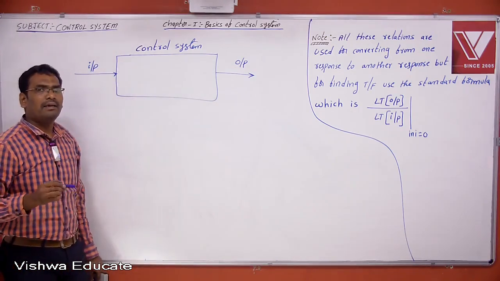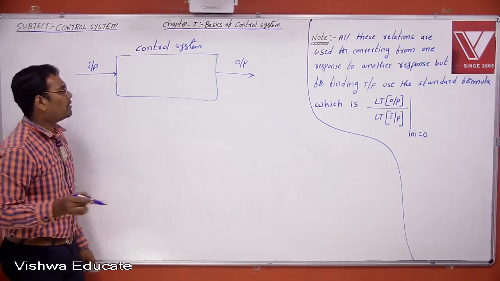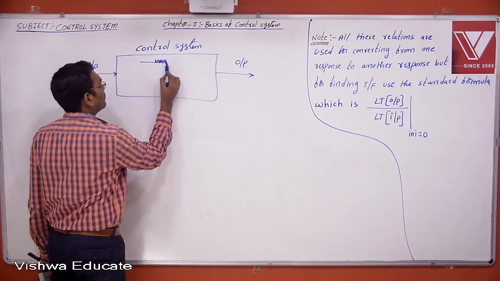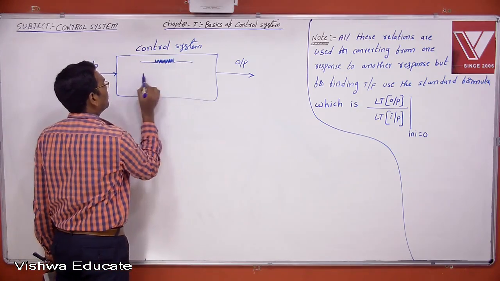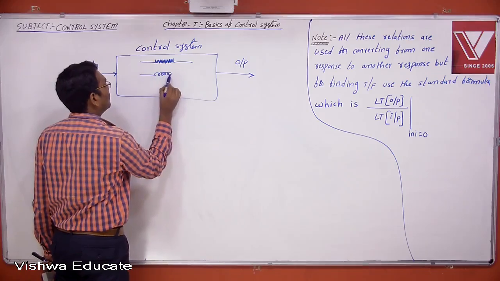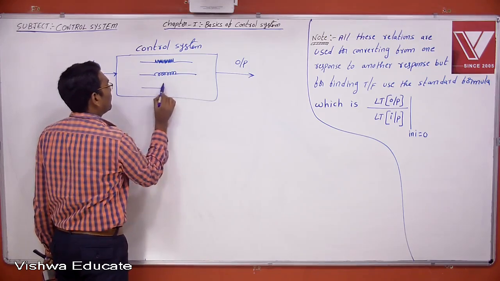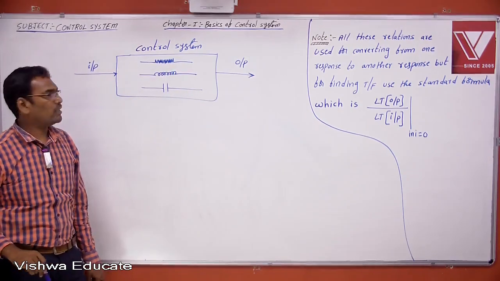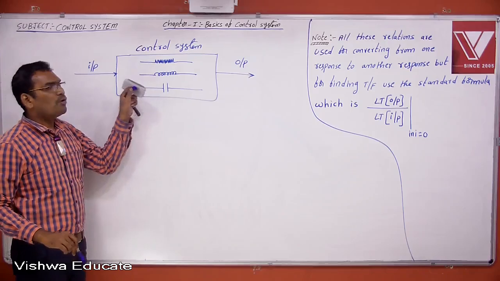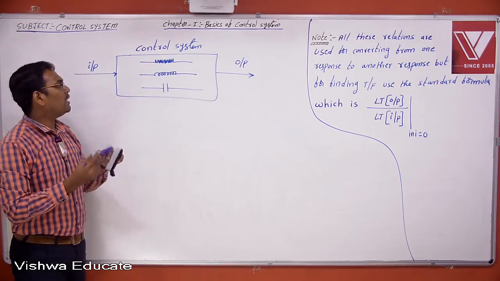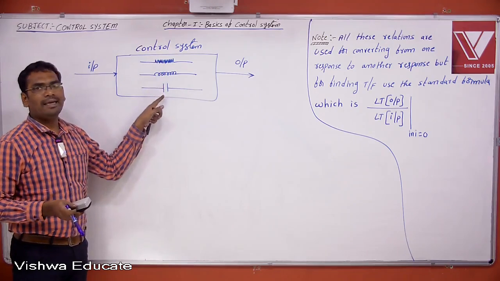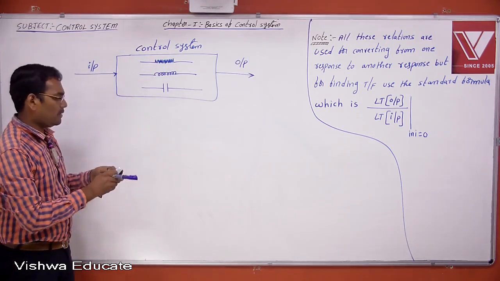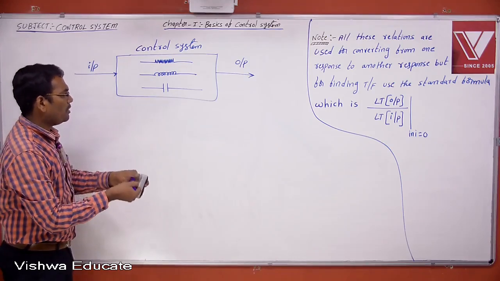That's what I'm saying: any control system you take is a combination of resistor, inductor, capacitor, or any of these three combinations, whose basic behavior is the behavior of resistor, inductor, capacitor, or a combination of these three elements.